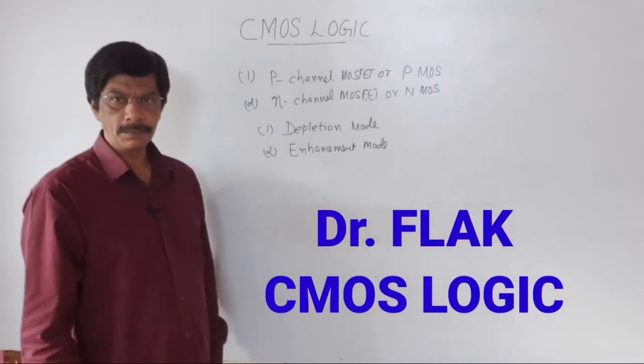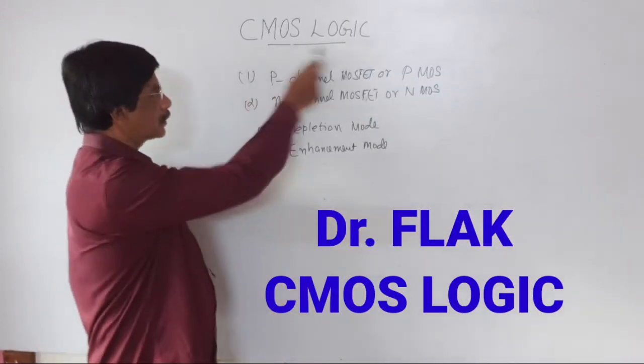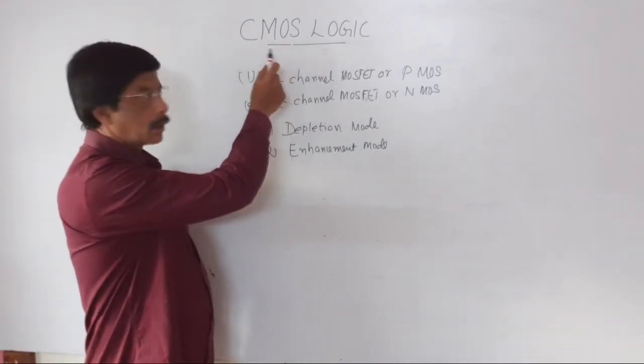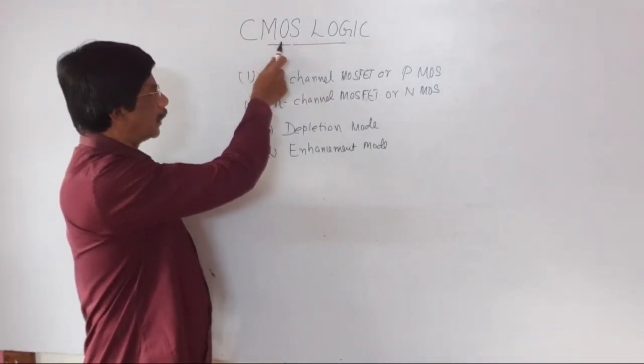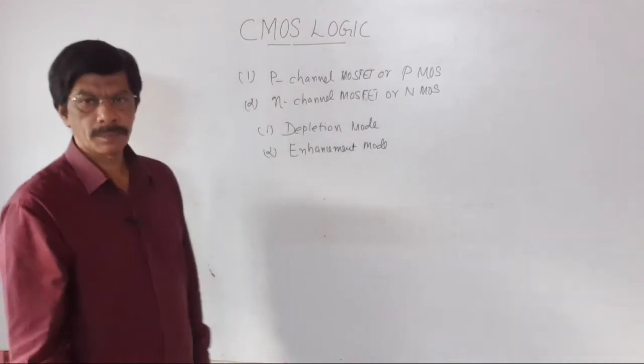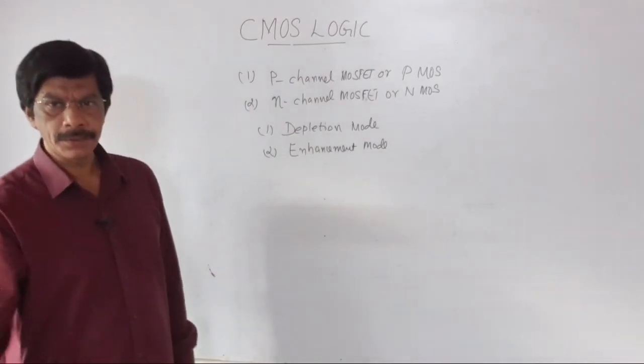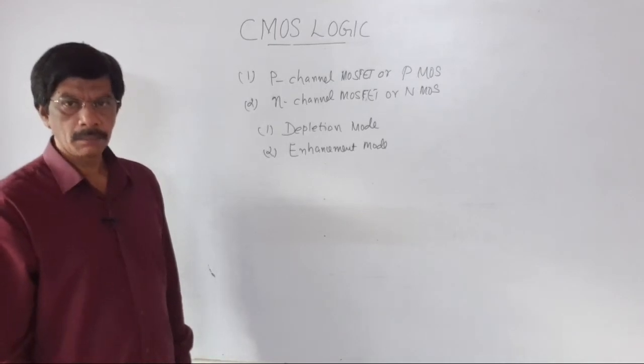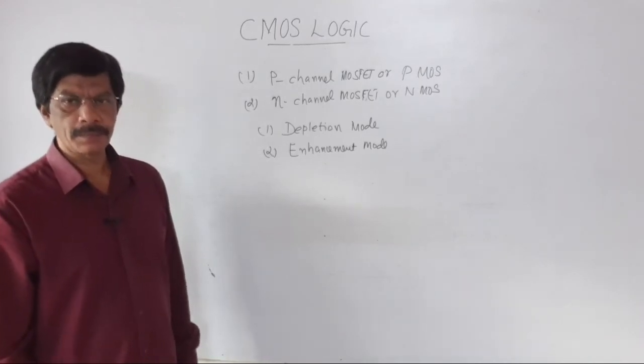In this class, we are going to discuss CMOS logic. CMOS means complementary metal oxide semiconductor. The digital circuits we have discussed so far consist of bipolar junction transistors.